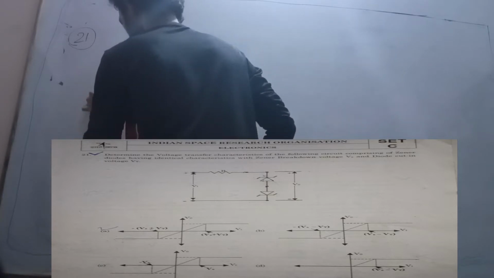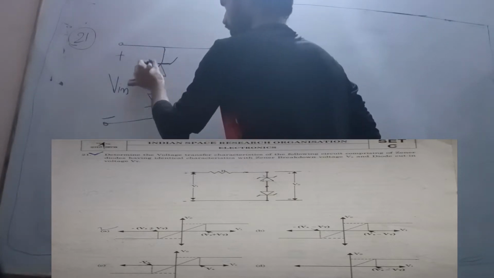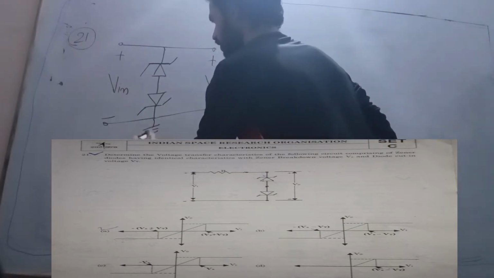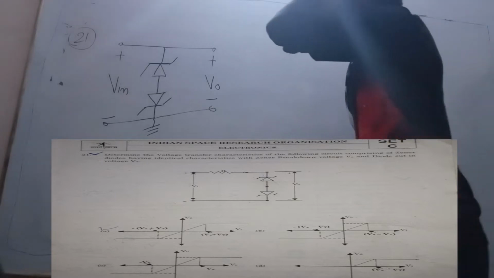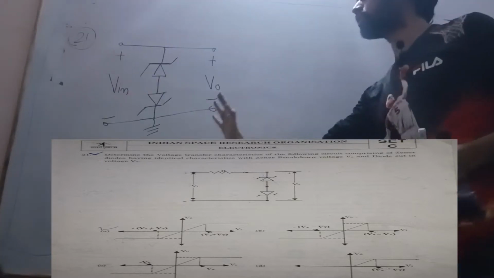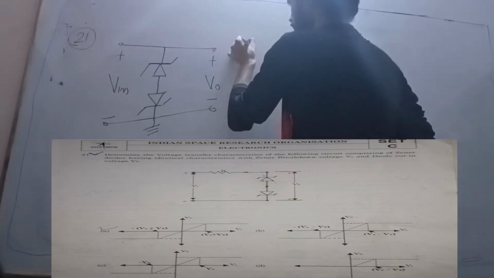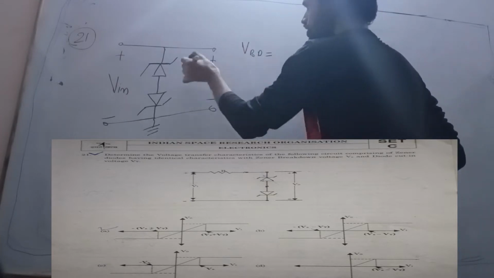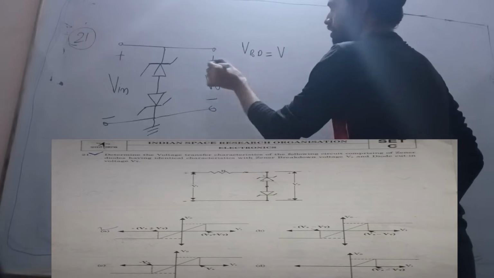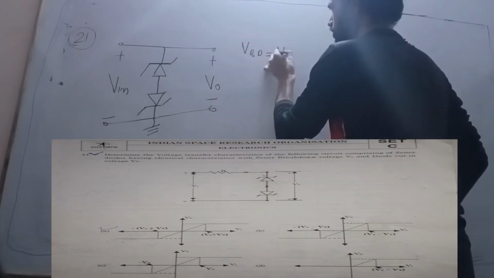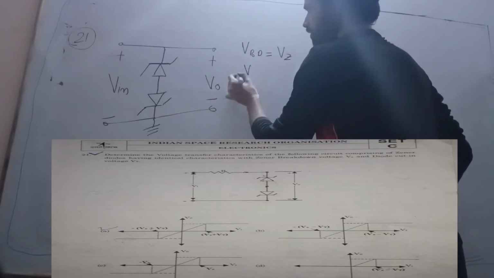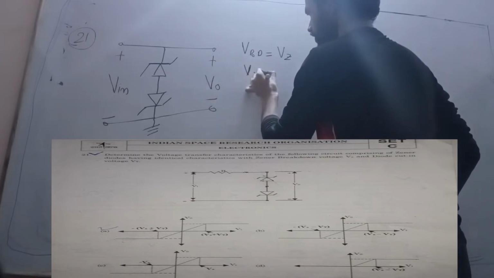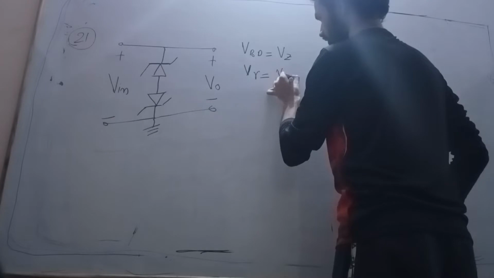This is input voltage. So now this is my Zener voltage regulator. Now we want to see the output characteristic for this, and given that the breakdown voltage for the Zener diode is Vz, and the forward cut-in voltage for this diode is given as Vt.